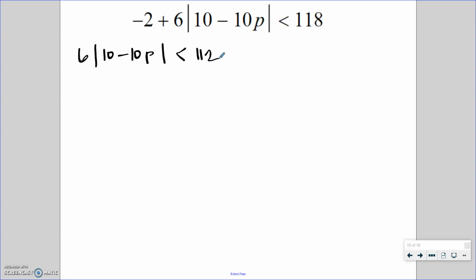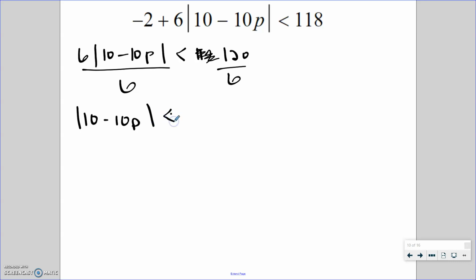Oops, it should be 120. Okay, so then our next move is going to be to divide off a 6. And we get the absolute value of 10 minus 10p is less than 120 divided by 6 is 20. Right, 12 divided by 6 is 2, so 120 divided by 6 is 20.